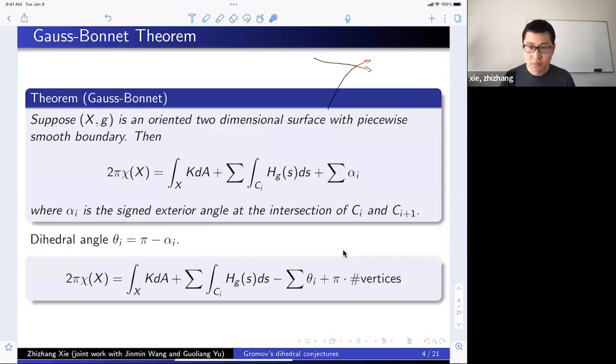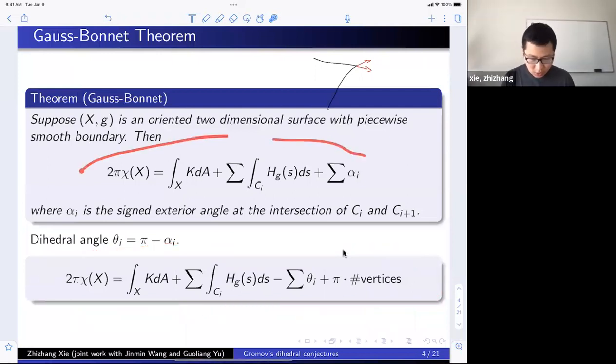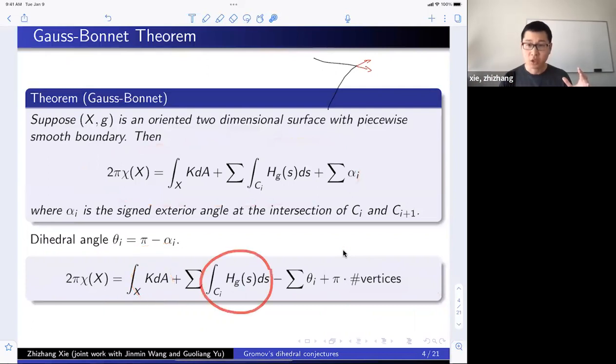Now, if we just rewrite it, just a trivial rewriting of this, then here, of course, there's pi times the number of vertices. But other than this term, this is exactly the three geometric quantities that appeared in the comparison conjecture we just stated: scalar curvature, mean curvature, and then dihedral angles.